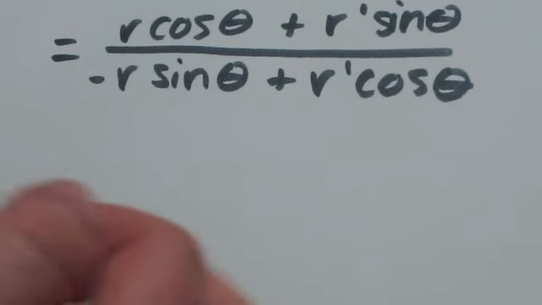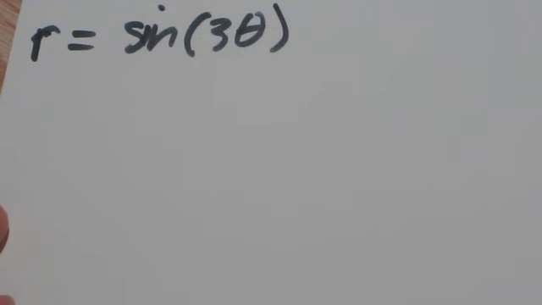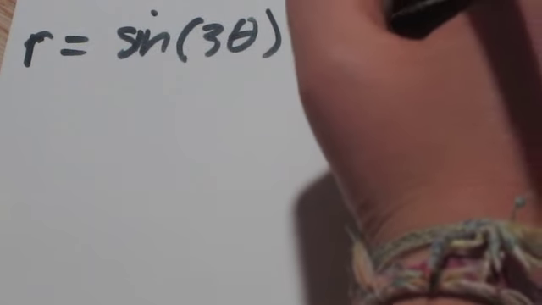I'll do an example using this equation. Suppose r equals sine 3 theta. We want to find the slope of the line tangent to the function when theta equals pi over 6.